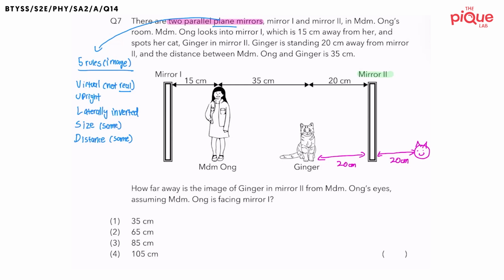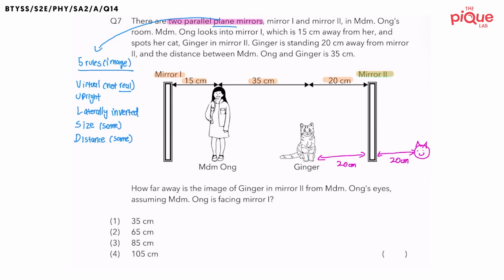In the question over here, it says that Madam Ong is standing 15 cm away from mirror 1 and her ginger cat is standing 20 cm away from mirror 2. Besides that, they also tell us that Madam Ong and the cat are 35 cm away from each other. Now, based on all that we have highlighted in the diagram, can you tell me which golden rule you think they are testing in this question?